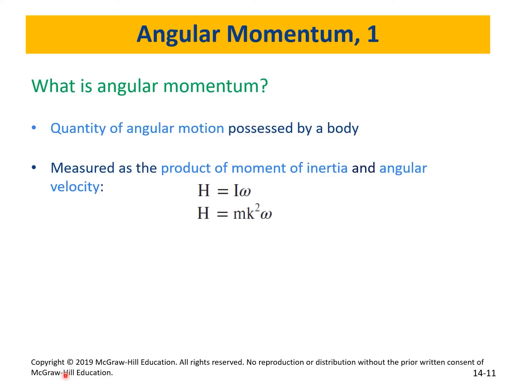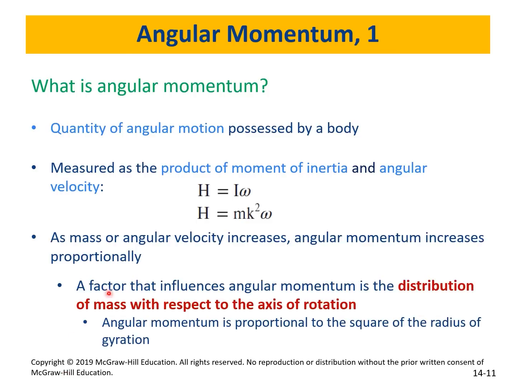So what I'm trying to do is present to you the angular quantities that we're going to be working on for our biomechanics. As mass or angular velocity increase, the angular momentum increases proportionally. Does it make sense? Higher moment of inertia, higher momentum, which means that also higher velocity, higher momentum, right?